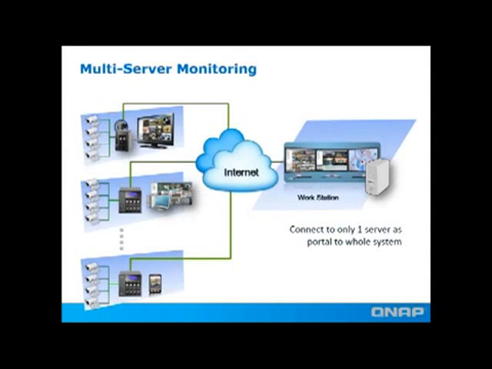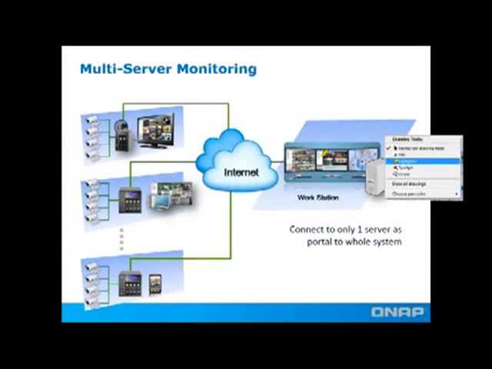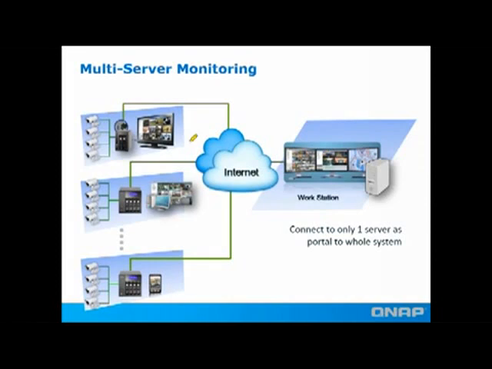The next feature is similar to a CMS, and it's called multi-server monitoring. Basically, you can daisy chain several systems together, and then users on their PC can just log in to one location as a portal.